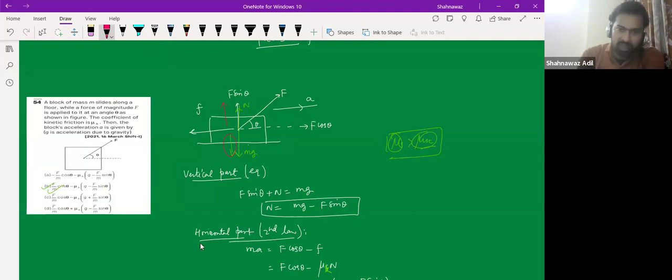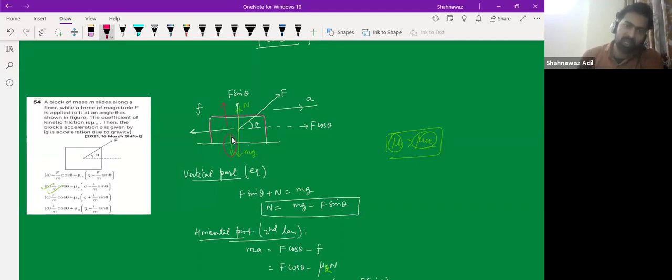So the forces which are applied by this object, that force we don't count. Every other force we count, right? But the forces applied by this thing, that we don't count.